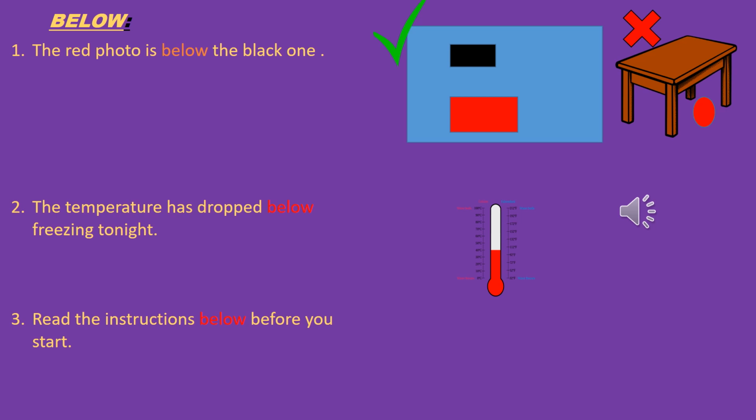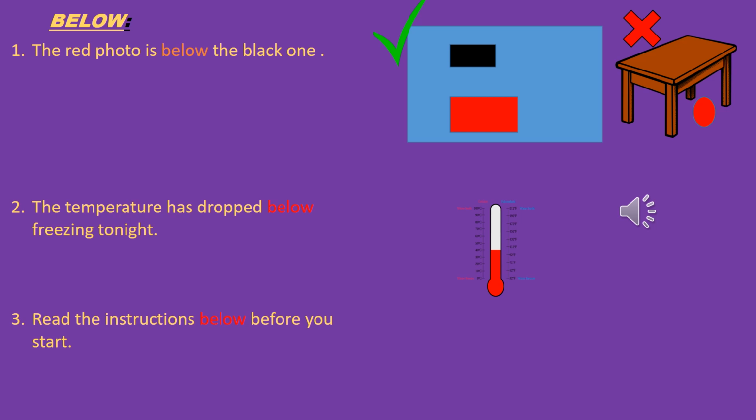Listen carefully, because this is actually indicating two things on the same plane or same level or same surface. If the wall is a surface, the black photo and the red photo, they both are staying on the same plane or same surface. For that reason, I have to pick below, not under.